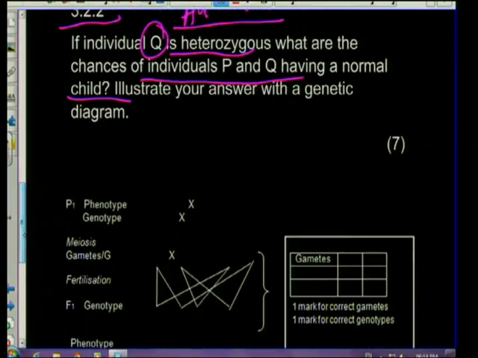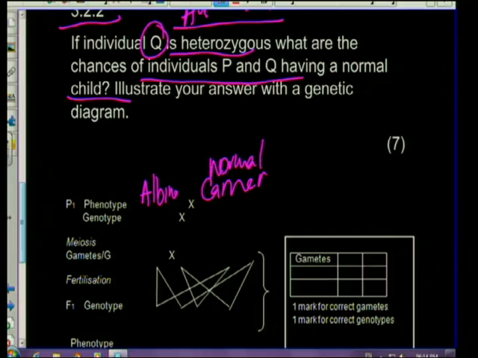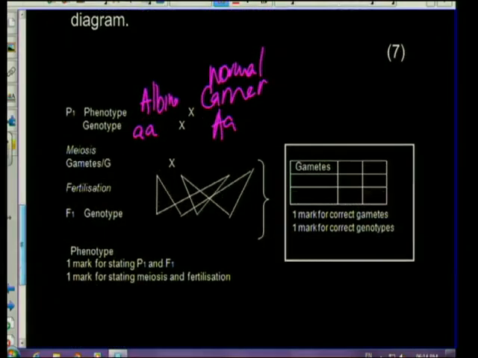So all we're doing is a phenotype. If P, the phenotype will be albino, and here we have a carrier, normal, but it's a carrier. So the genotype of the albino is small a, small a, and the carrier is capital A, small a. When meiosis takes place, the alleles are separated.